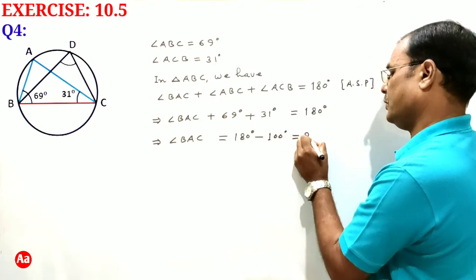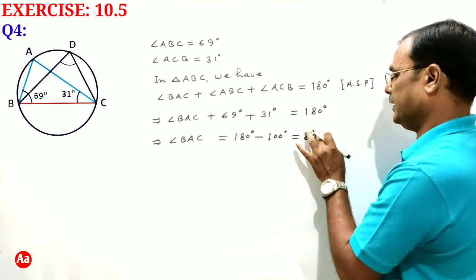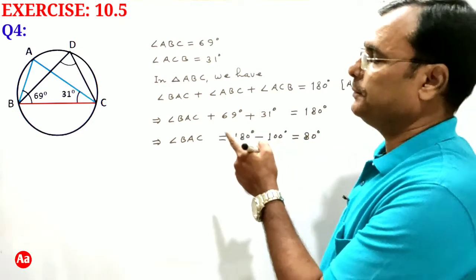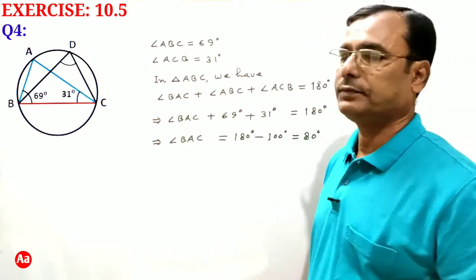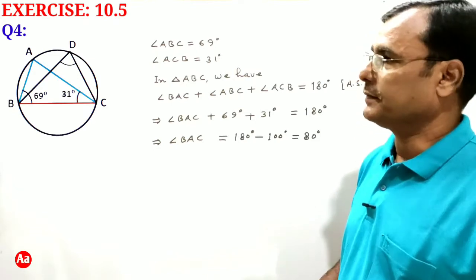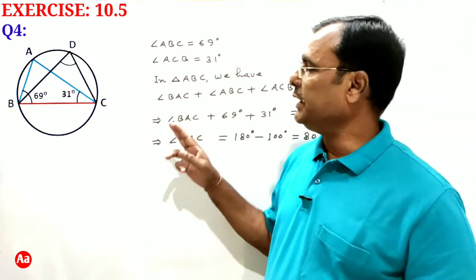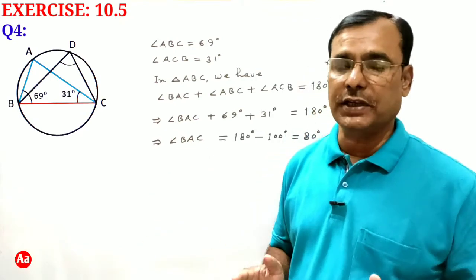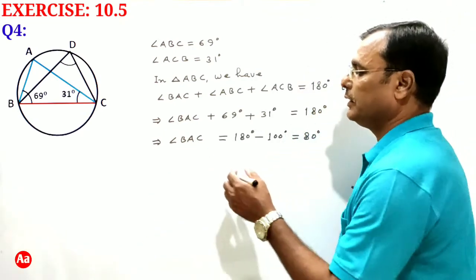So this is equal to 80 degrees. So this way angle BAC we have got 80 degrees. Angle BDC and angle BAC, they are angles in the same segment and therefore they will be equal.